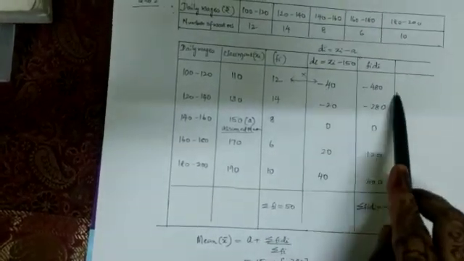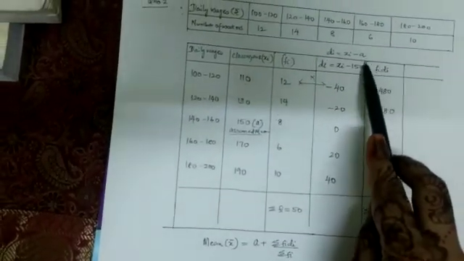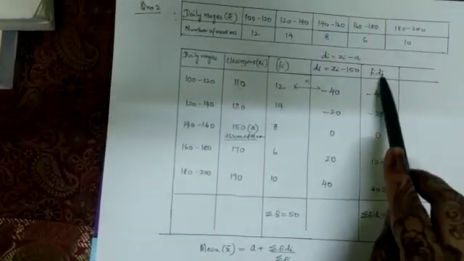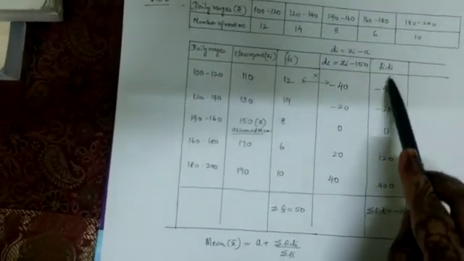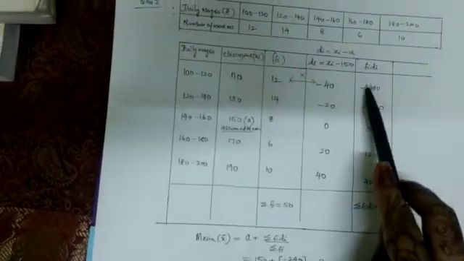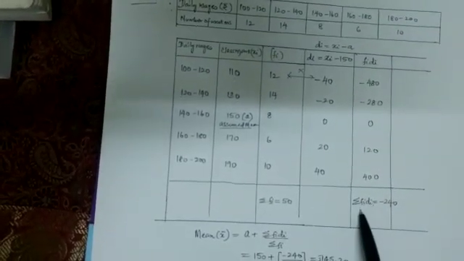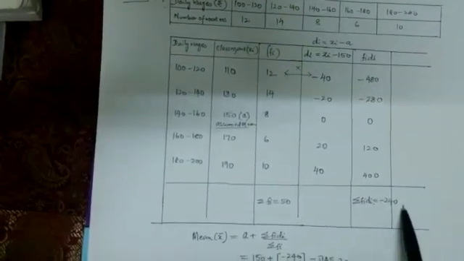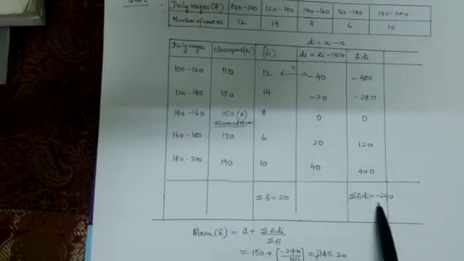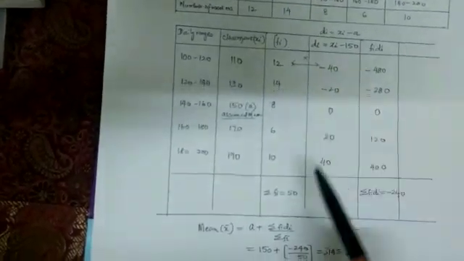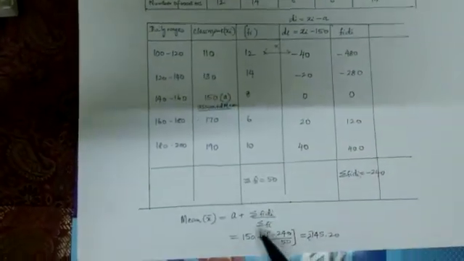So 12 into 40 and all. In place of fi xi, I'll be writing fi di. Once I multiply as per the signs, I got sigma fi di equals minus 240.